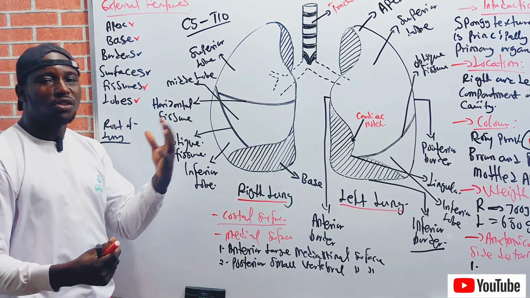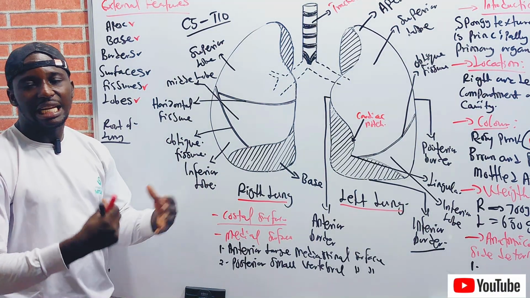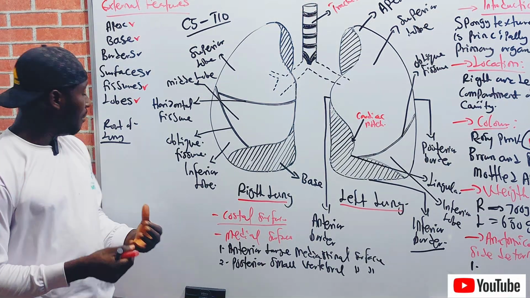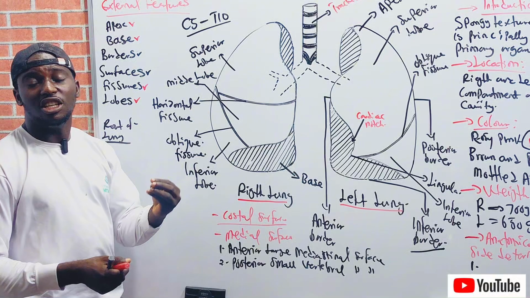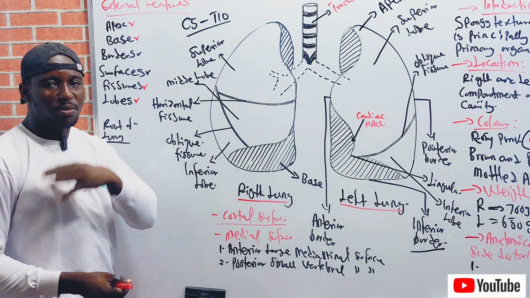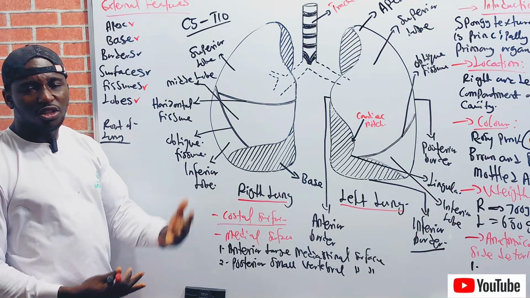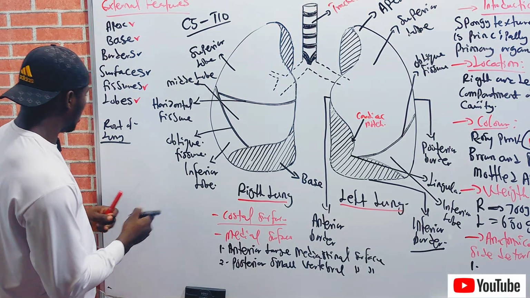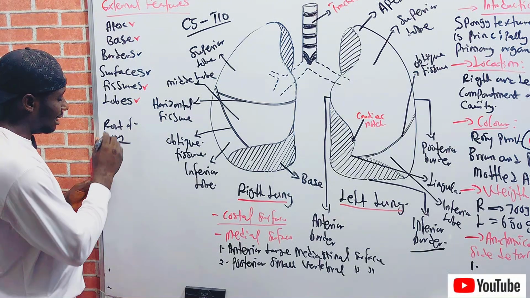It consists of those structures that enter and leave the lungs at the lung hilum. So that is all about the root of the lungs.